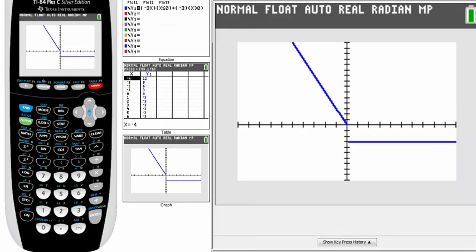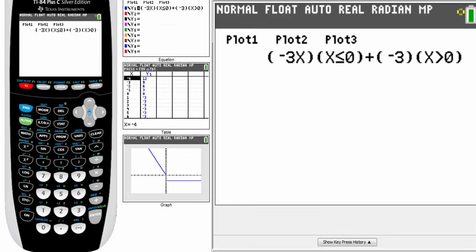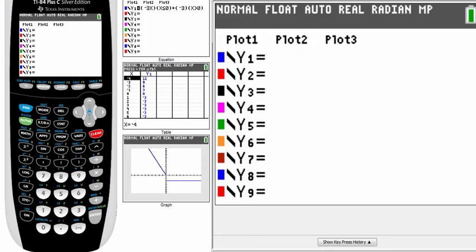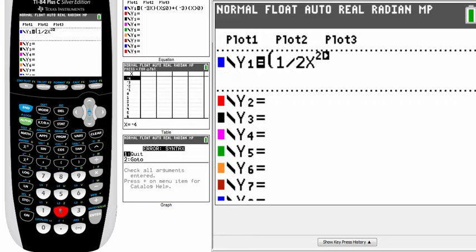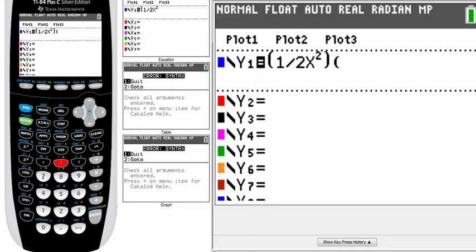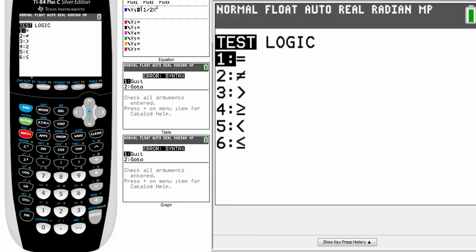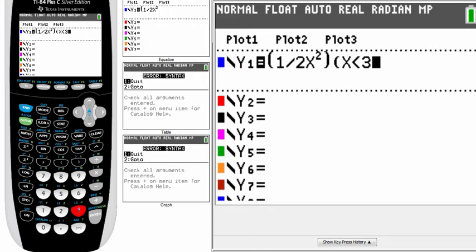You can also graph this. To graph this, you'd go to y equals, making sure you clear that out. We have 1/2 x squared, so that would be 1 divided by 2 times x squared. Now our restriction here, remember we put our restriction immediately in parentheses, is x less than 3, and that's second test, less than, which is case 5, 3.